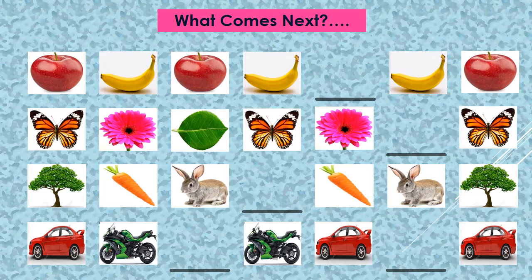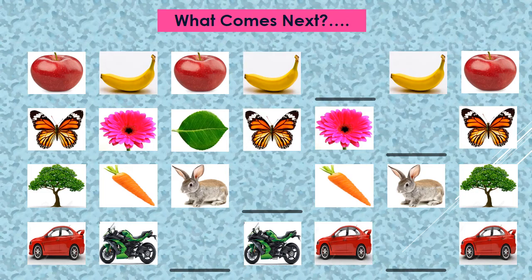Okay, first one. I told you last time, when we have this kind of question, first we are going to identify what are the different pictures we can see in that pattern. Now here there are two different pictures, apple, banana.